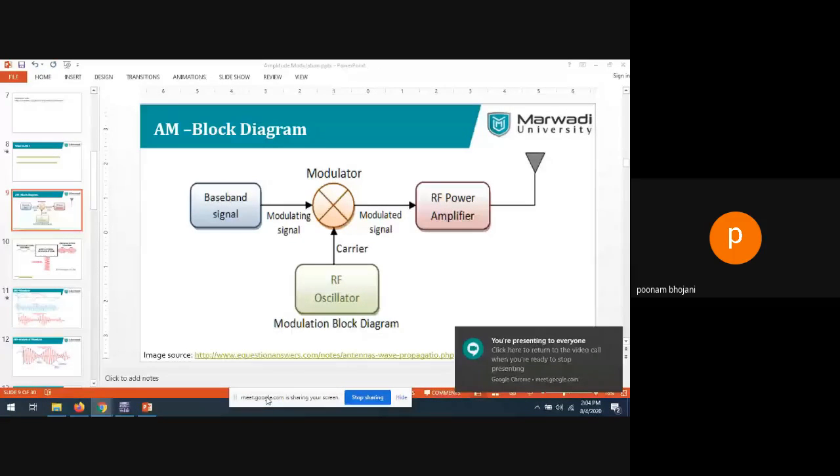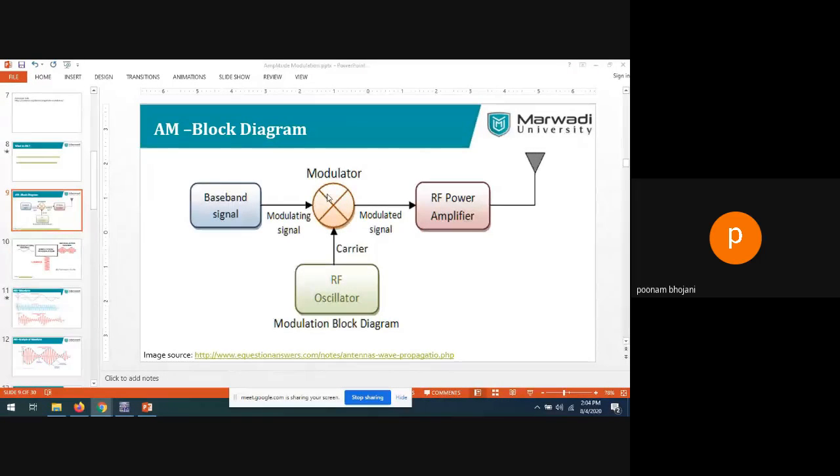Yes, ma'am. Okay, so I have started with this block diagram in which the modulator circuit is a simple multiplier, in which one input is the baseband signal and the second input is the carrier signal. So the modulator will modulate the signal, or you can say superimpose the carrier with the modulating signal.